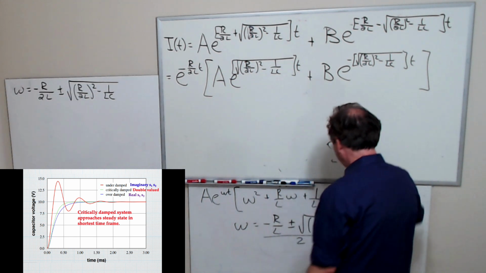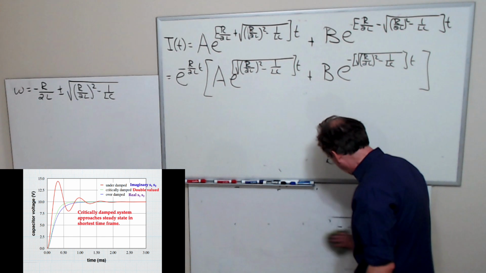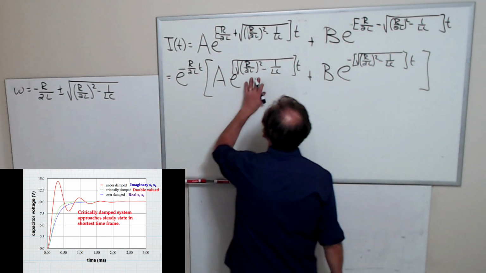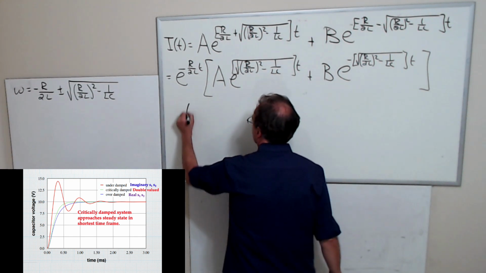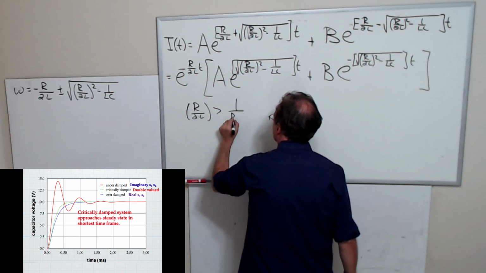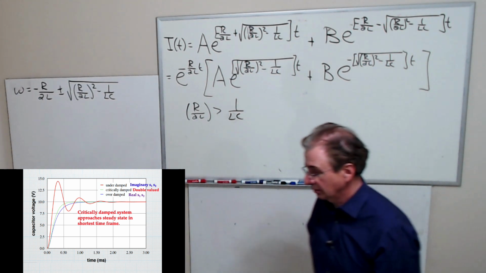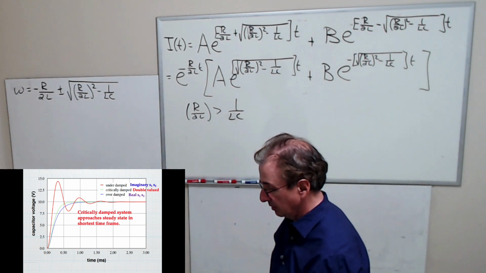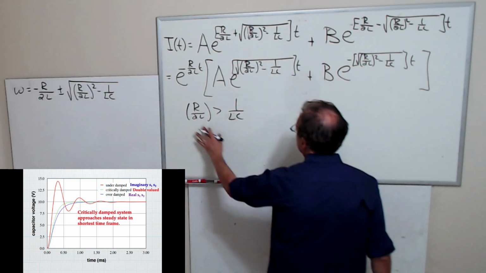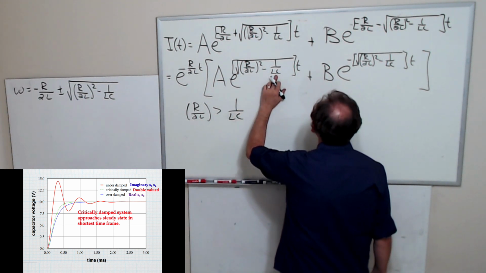But there are some things I have to consider. Interesting cases I'm going to consider. Look at the radicals up here. What if this is the case? Well, if R over 2L is bigger than 1 over LC, this term is bigger than this term.